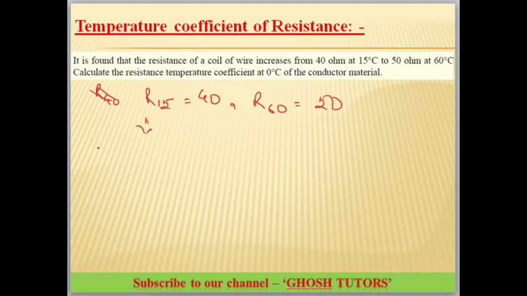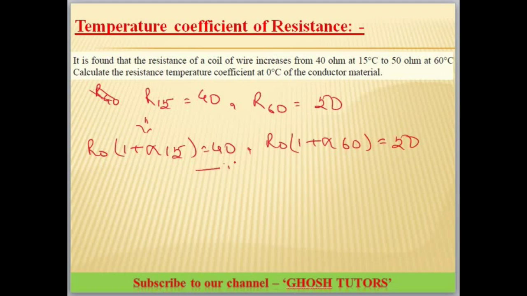So R15, what we can write? R naught into 1 plus 15 alpha is equal to 40, and R naught into 1 plus 60 alpha is equal to 50.